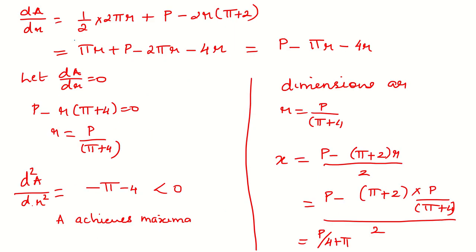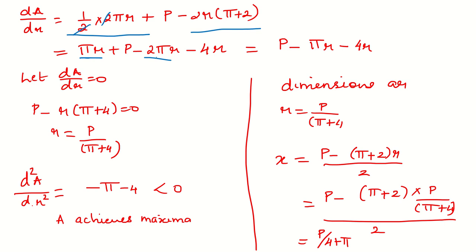Okay, so I have found the derivative. This is the derivative. Cancel this extra 2, pi r plus P minus, open the bracket, 2 pi r minus 4r. Okay, so if you notice, 2 pi r and pi r have a common variable.